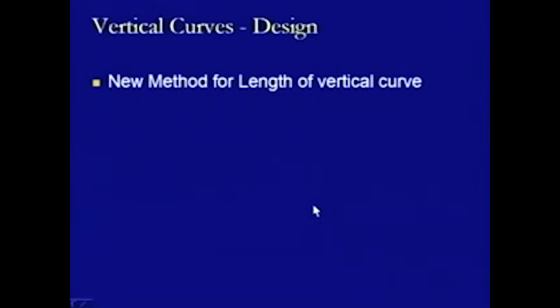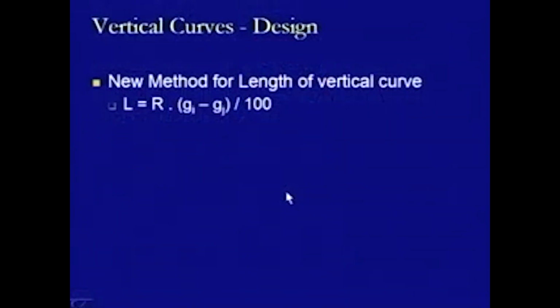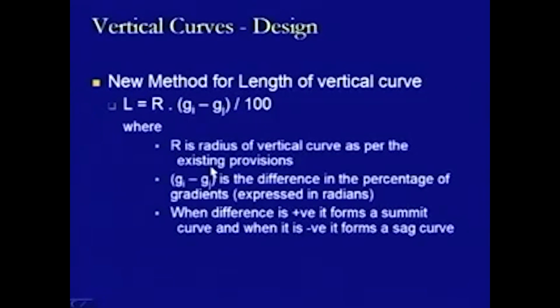Coming back to the design and length of the vertical curve, another method which is now in use is L is equal to the radius r multiplied by Gi minus Gj and divided by 100. In this case r is the radius of the vertical curve as per the existing provisions.